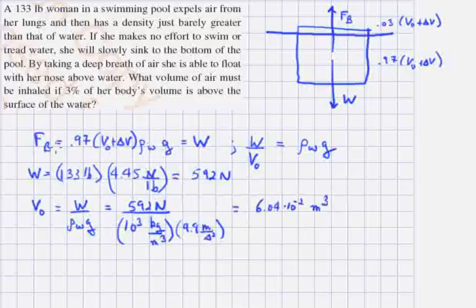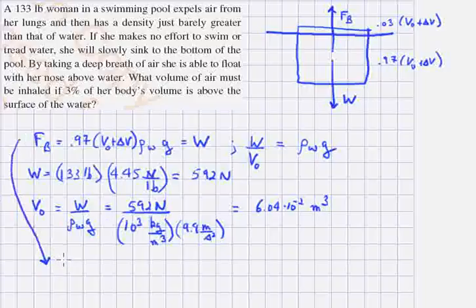Okay, so from this equation right here, we can solve for V naught plus delta V. So I'll draw an arrow. We're going to come down now and solve this equation.